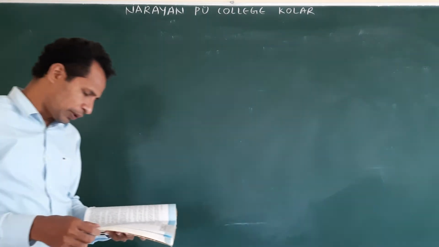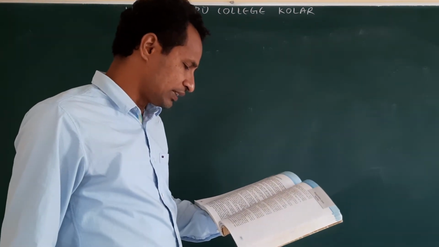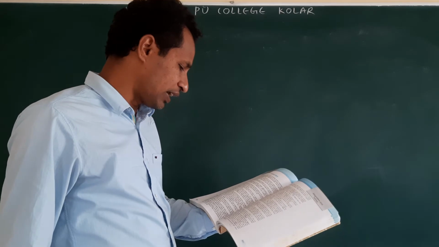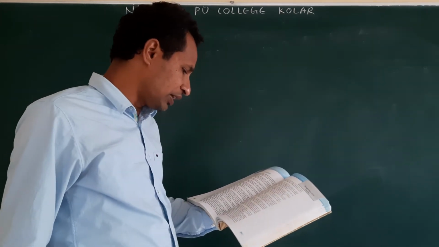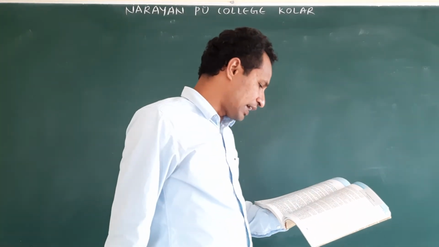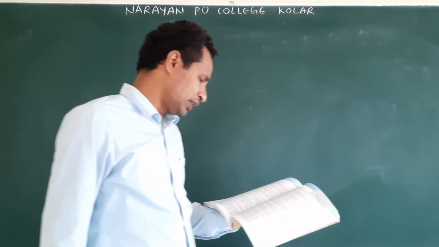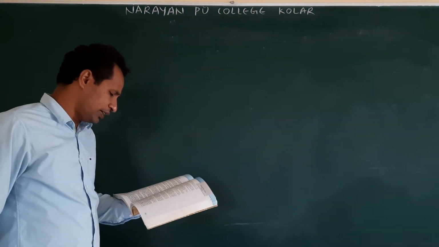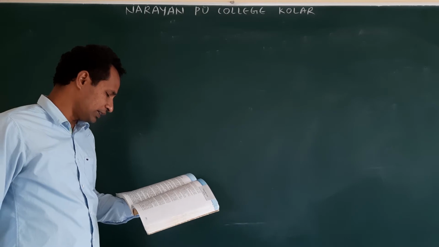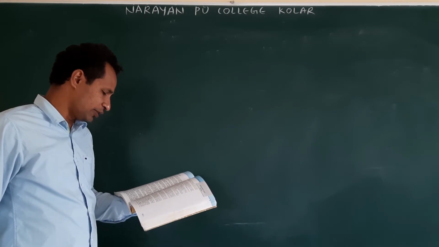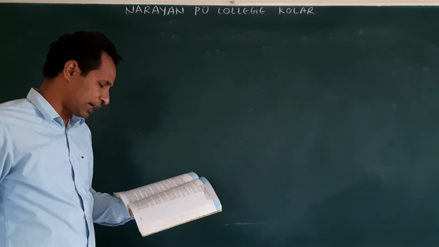13th problem. A bar magnet placed in a horizontal plane has its axis aligned along the magnetic north-south direction. Null points are found on the axis of the magnet at 14 centimeter from the center of the magnet.